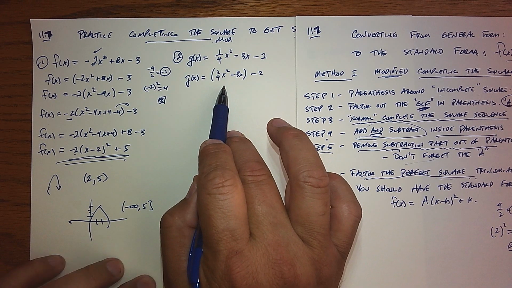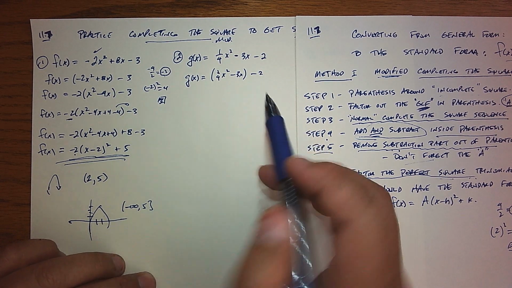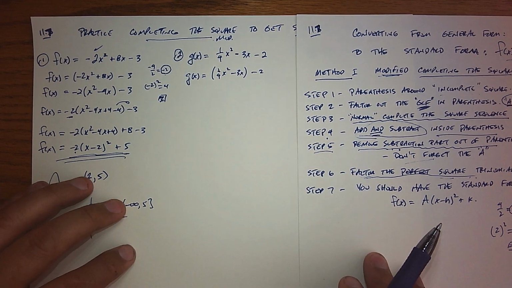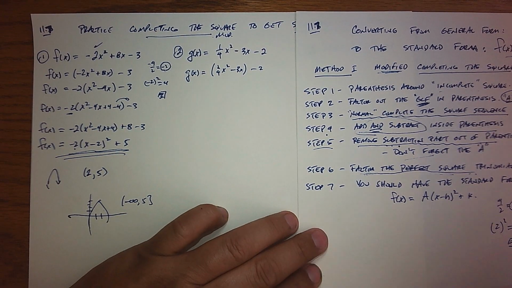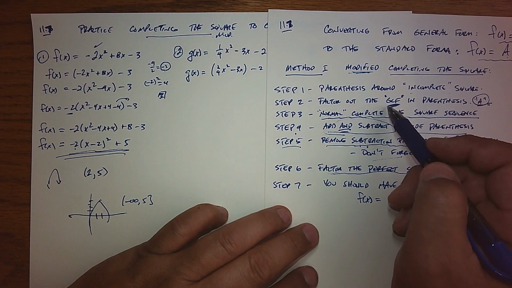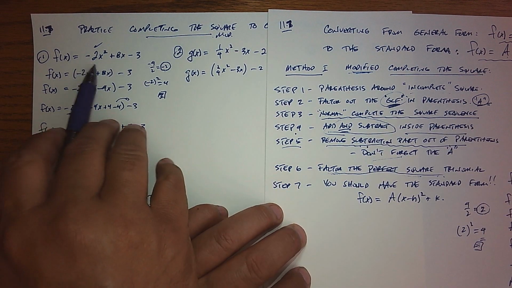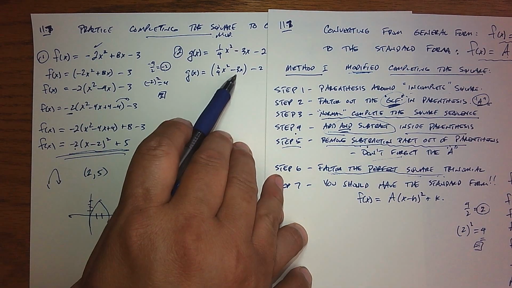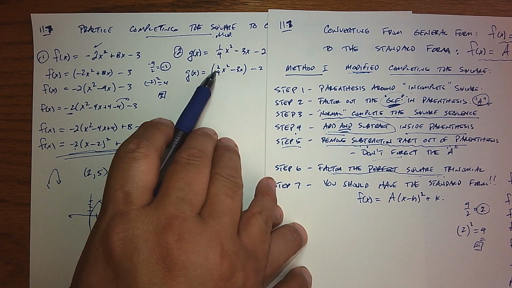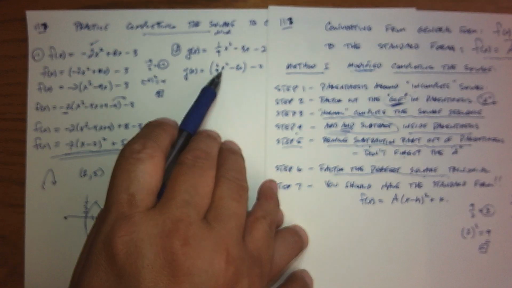Again, the two terms with x in it are the terms that determine that incomplete square part. Now what we want to do is factor out the GCF. That's why I had the GCF in parentheses, because sometimes it truly is the GCF and sometimes it's not. 1/4 and 3, there's not a nice GCF between the two.